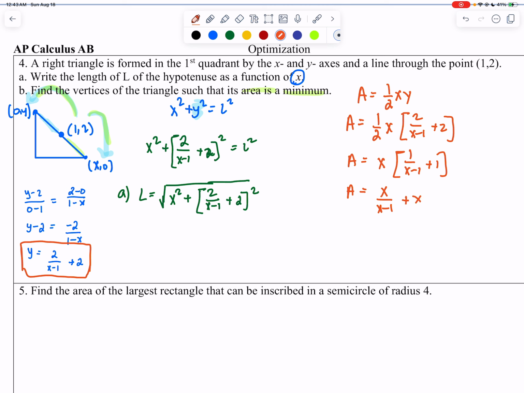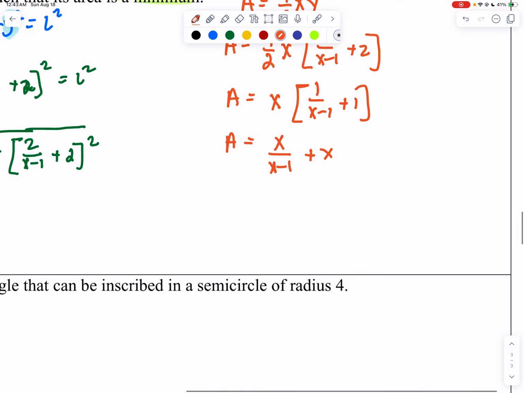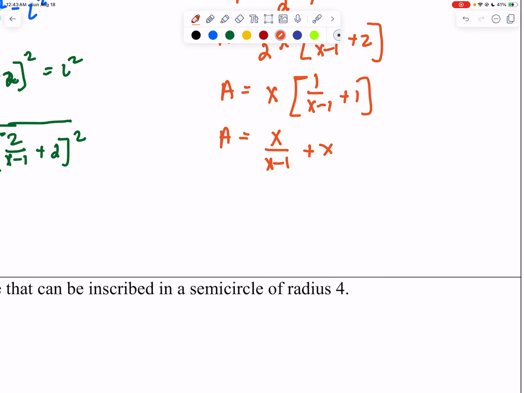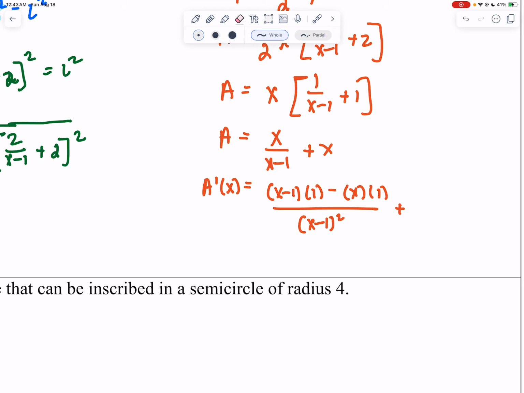And now we're just going to take the derivative with respect to x and call it a day. So we're going to be using the quotient rule for the first term. Not fun, but it is what it is, huh? We have low d high minus high d low all over low squared, which honestly wasn't that bad, I guess. And then we have 1, since the derivative of x is 1.